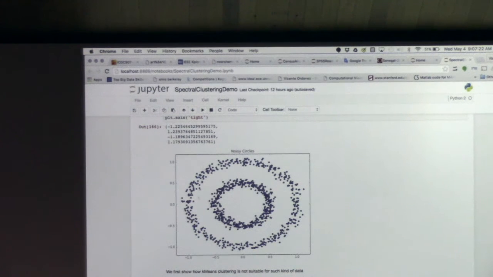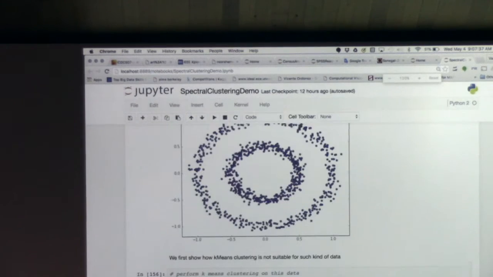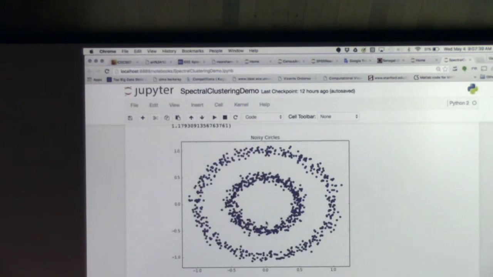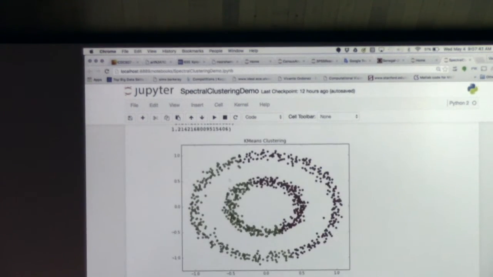So this is two-dimensional data, and the natural clusters, or the clusters that you do want to identify, are these two concentric circles, right? But when you run k-means on this, even when you tell k-means that you're looking for two clusters, right? So even in that case, what k-means does is it tries to find these, I don't know if you can see yellow and red, right? So these are the two clusters it finds.